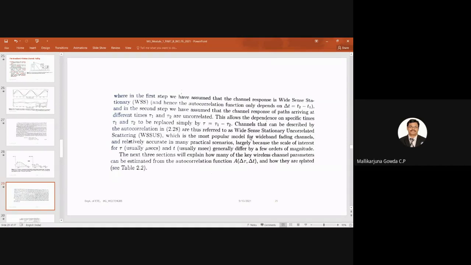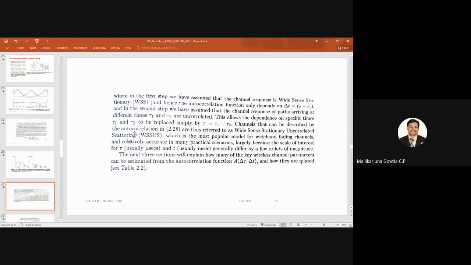Then the channel can be described by that autocorrelation function, and we call it wide sense stationary uncorrelated scattering, WSSUS. This is one of the most popular models used for wideband fading channels, and it is quite accurate also.